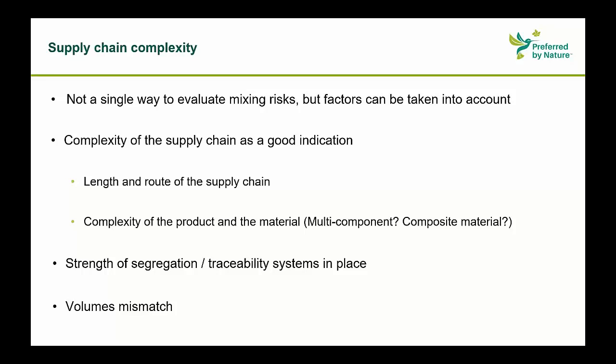Having a look at the segregation and traceability systems in place can be a good way to determine whether there's a risk that a factory, for instance, would tell you, I'm selling you timber from this country, but in reality could not tell one product from the other, and it's all mixed in the transformation process. Big volume mismatch would also be something indicative of mixing, right?